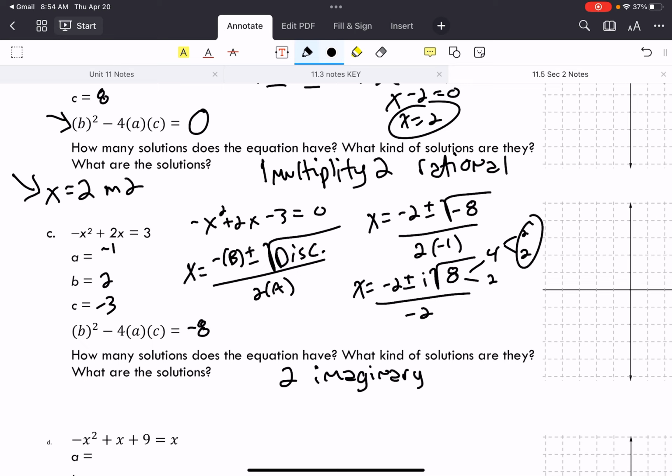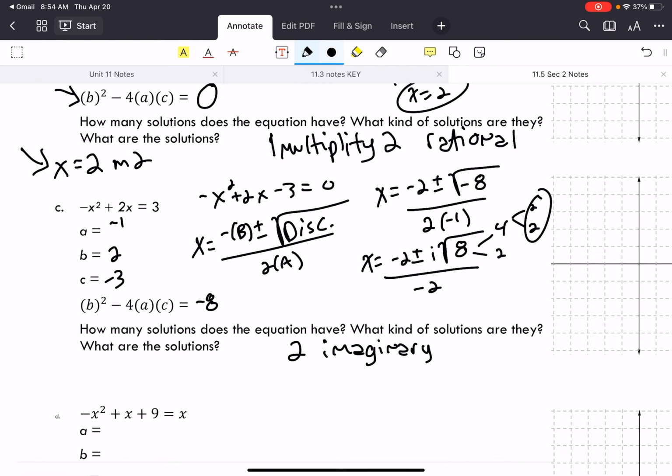Pair of 2s. These are my favorite ones because I don't have to worry about which number is outside or inside because they're the same number, right? So it's going to be, can I write it? I wish I wrote smaller, but oh well. I'm going to write it over here. x equals -2 plus or minus 2i root 2 over -2.